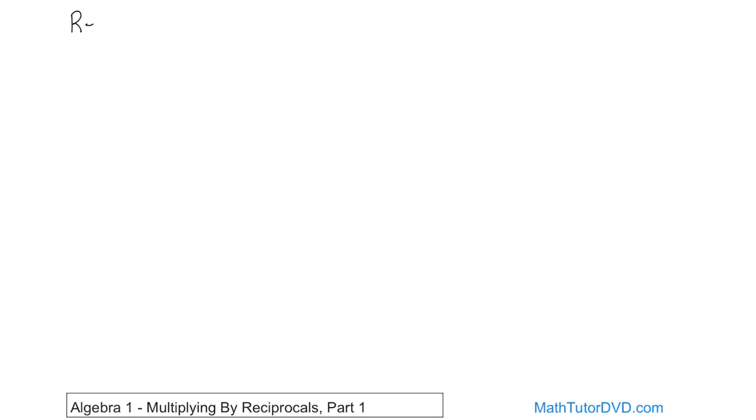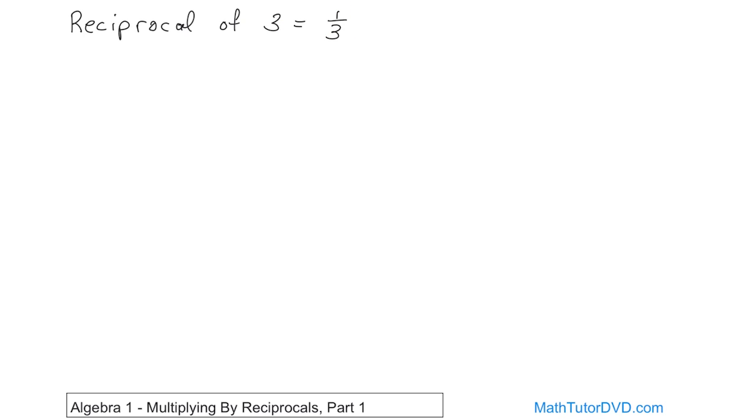So the way you spell that is R-E-C-I-P-R-O-C-A-L. This is an A here, A-L. So the reciprocal of, just to give you a couple of examples, the number 3 is 1/3. Basically, if you have a whole number and you're trying to take the reciprocal of it, you just stick it on the bottom of the fraction, and it's 1/3.